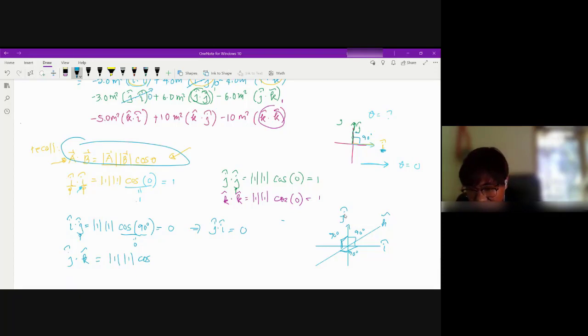So this is your j hat here, this is your k hat, and the angle between the two kini siya, which is also 90 degrees. Orthonormal man sila. So therefore, cosine 90 degrees is actually 0. 0 times any number that kills the entire expression. So that means that's also 0. So that would mean ang imong k hat dot j hat is also equal to 0.